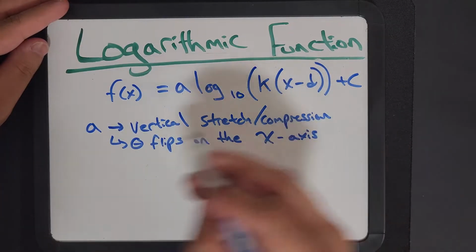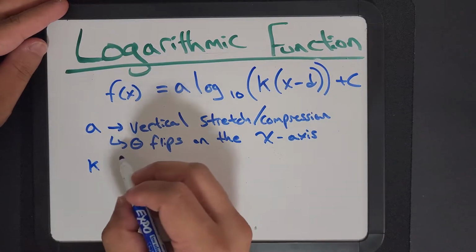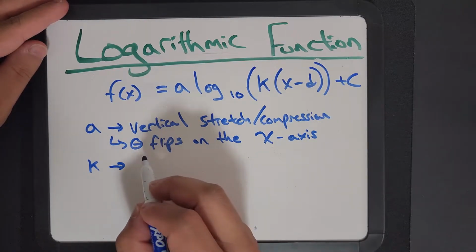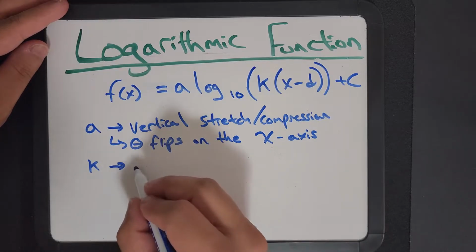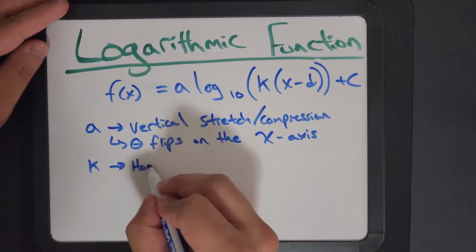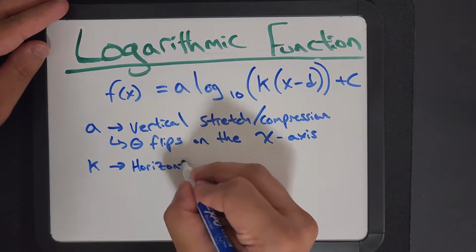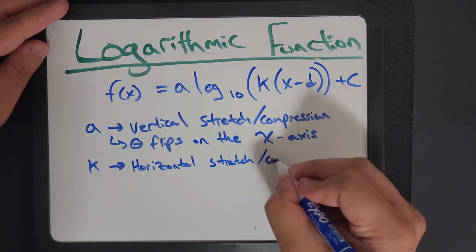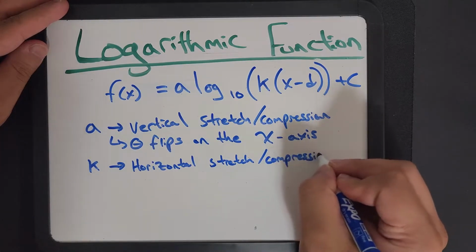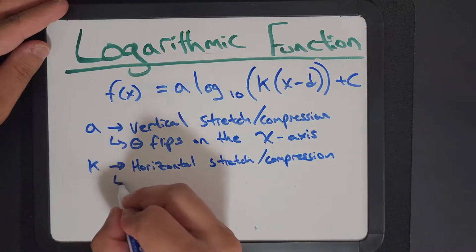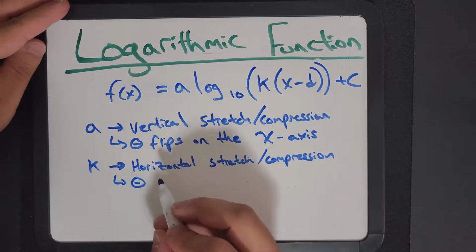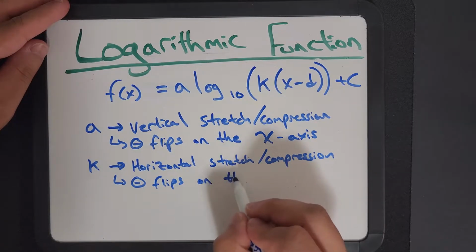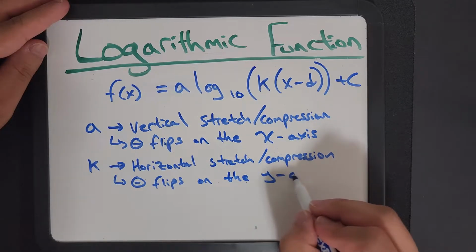Let's do k next. k is actually going to give you the horizontal stretch or compression, and if it is negative, then there is a reflection on the y-axis.